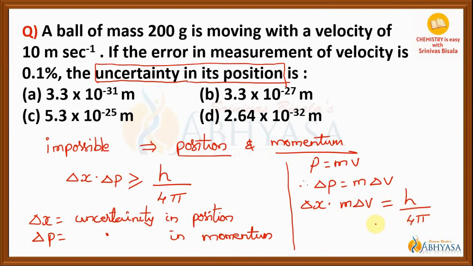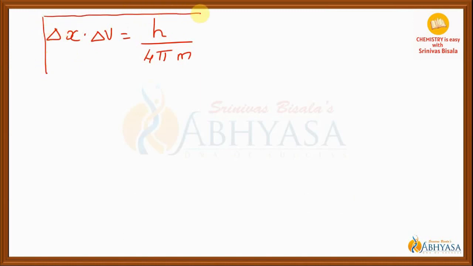While solving the numerical, we will make it equal to. Now our formula becomes delta x into delta v equal to h upon 4 pi m, isn't it? This is the one we need to use for solving this particular numerical.